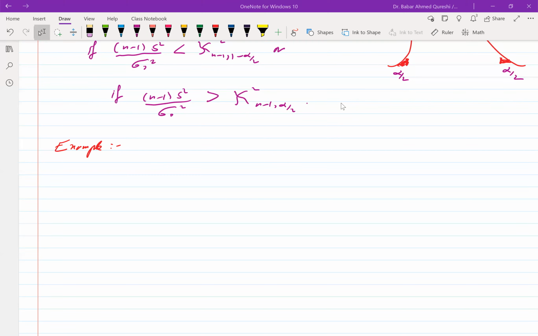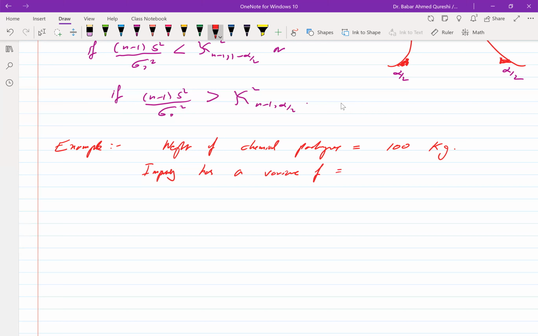There's box weight of chemical packages is 100 kg, and the impurity has a variance of sigma square is equal to 4 kg.